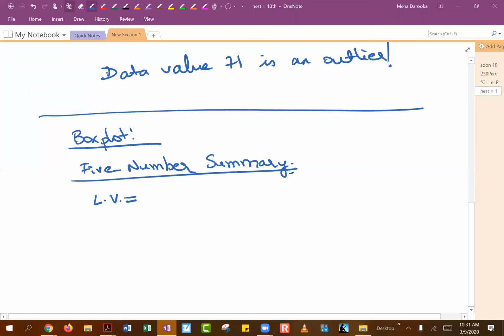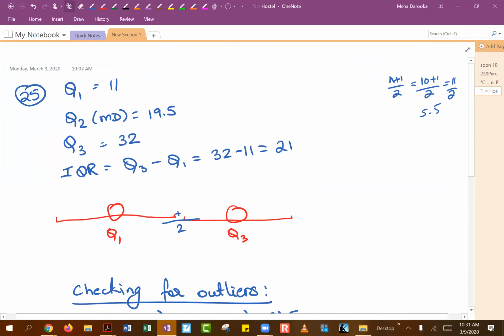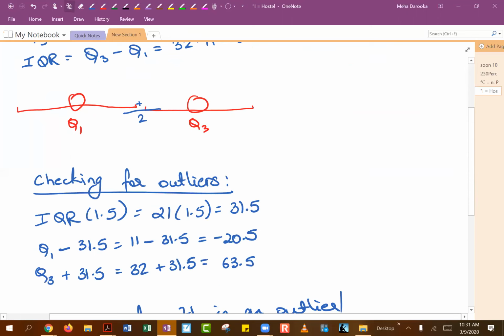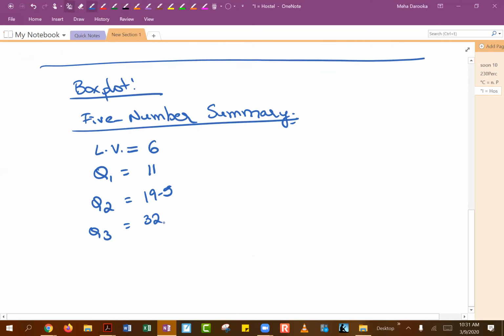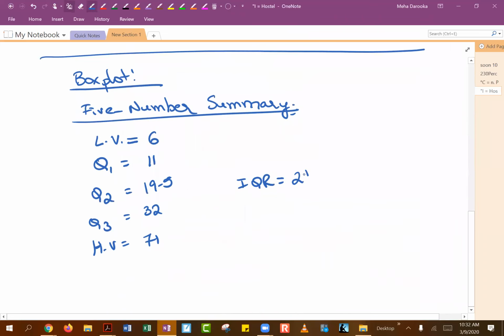So lowest data value was 6, quartile 1 was 11, quartile 2, 19.5, quartile 3, 32, highest data value 71, and then we also want our interquartile range, which was 21.